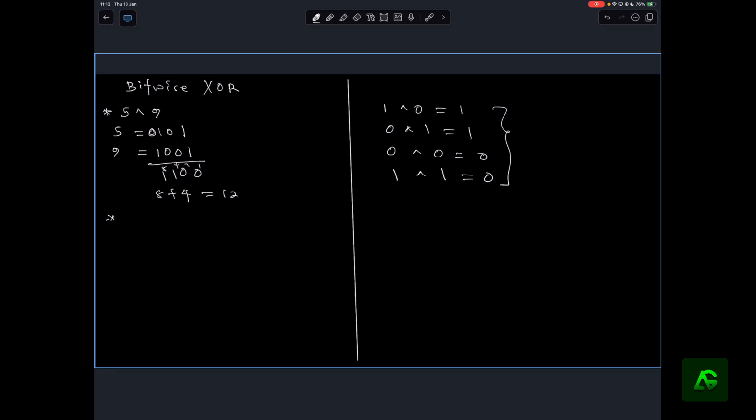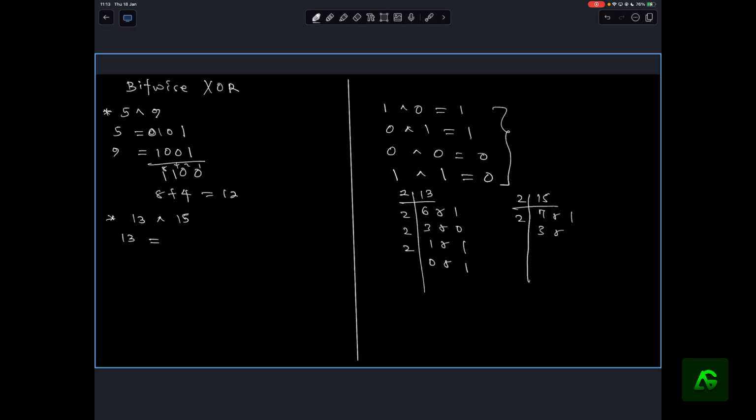So let's look at another question. Let's say we have 13 XOR 15. Now 13 in base 2: 13, 6 remainder 1, 3 remainder 0, 1 remainder 1, 0 remainder 1. For 15, I have 7 remainder 1, 3 remainder 1, 1 remainder 1, 0 remainder 1.